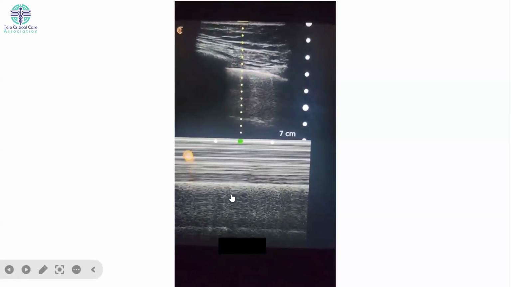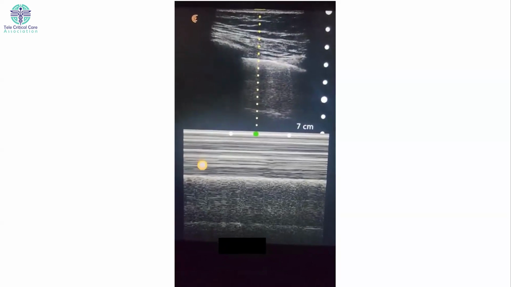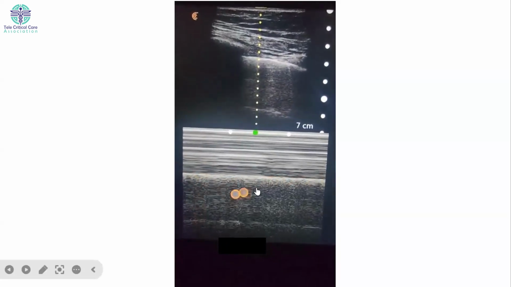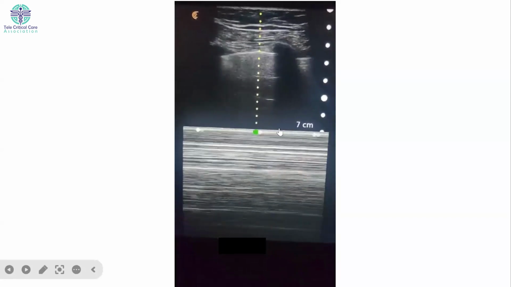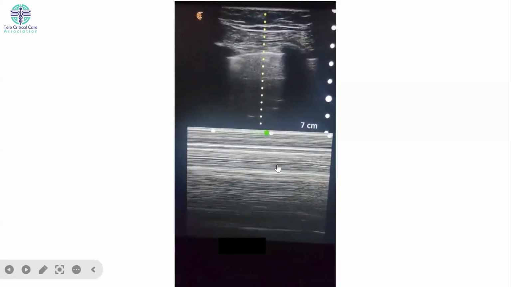This is the sea and this is the shore. In case of pneumothorax, we see a barcode or stratosphere sign, which is this. This is the barcode. The entire M mode will show horizontal lines and absence of grainy appearance. So whenever you feel that this is a pneumothorax, you just put the M mode and you will get this sign.